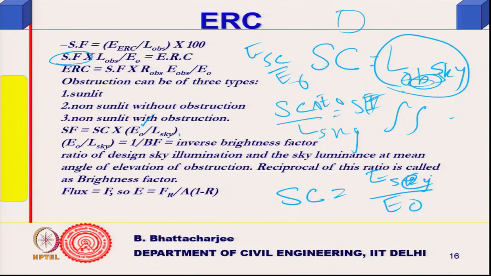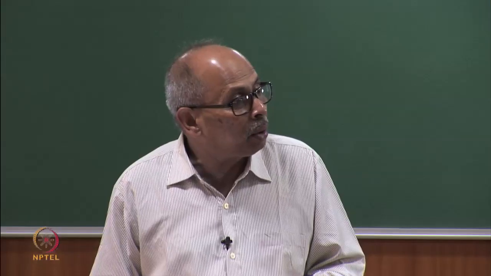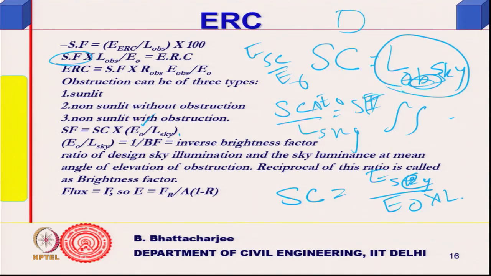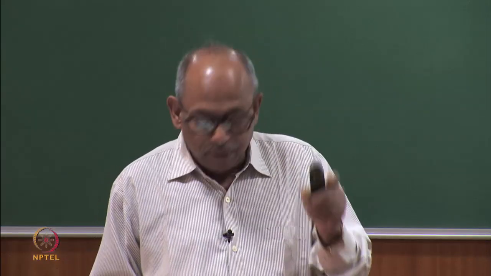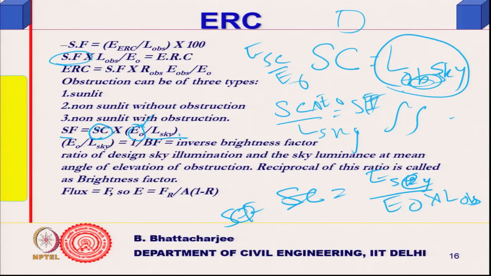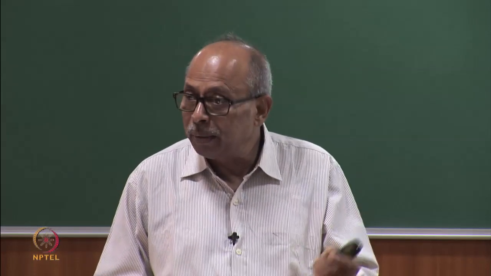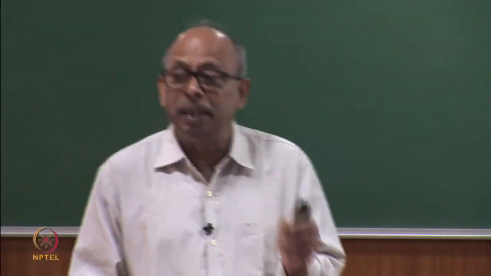ESC divided by average brightness of the sky, L sky, will give me sky factor. Sky factor is sky component multiplied by E 0, that is nothing but illumination due to that portion of the sky, and if I divide by the average brightness of the sky, then I get sky factor. Sky factor is independent of the brightness.